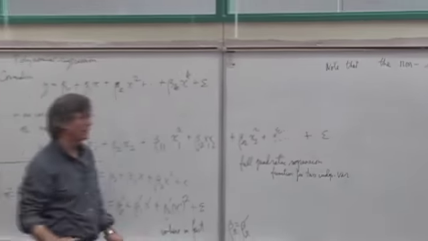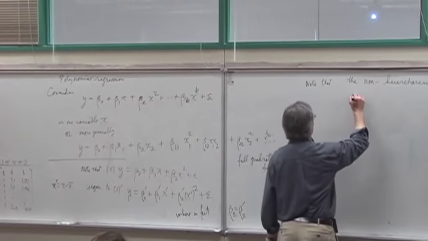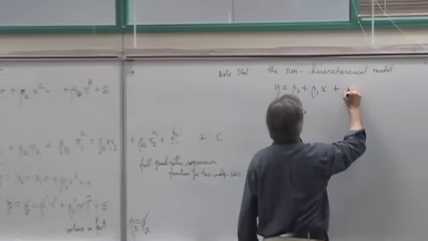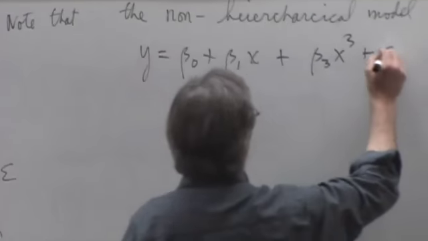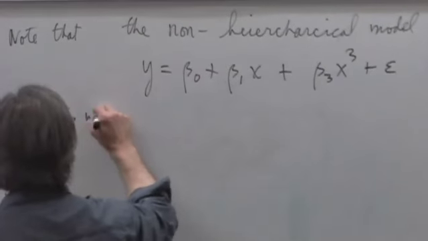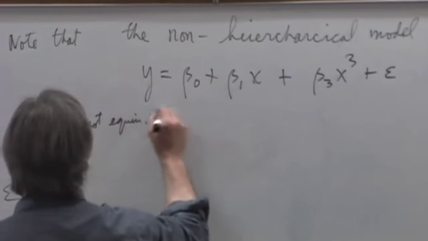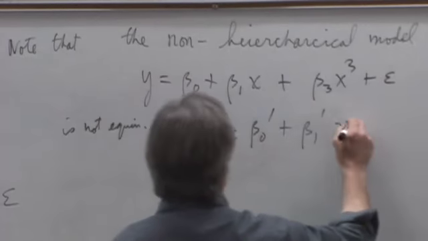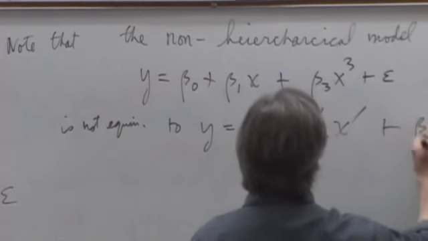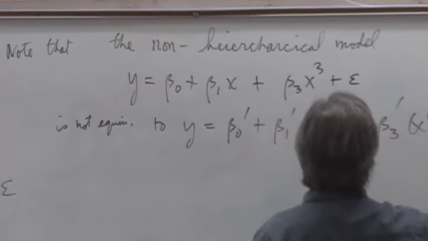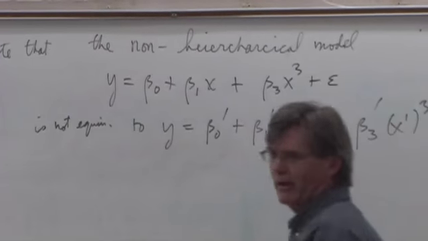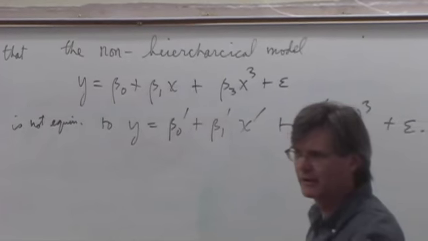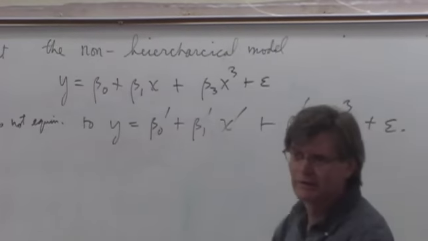Okay, you don't skip any. A non-hierarchical model, y equals beta 0 plus beta 1 x plus beta 3 x cubed plus error, is not equivalent to y equals beta 0 prime plus beta 1 prime x prime plus beta 3 prime x prime cubed. Because now I don't have a full cubic fit. These are different models.